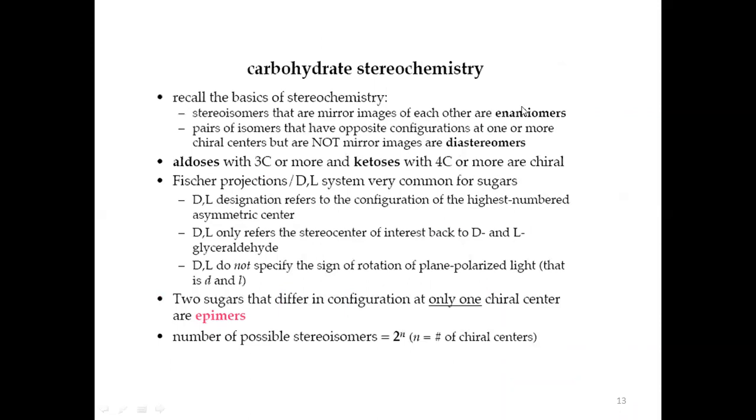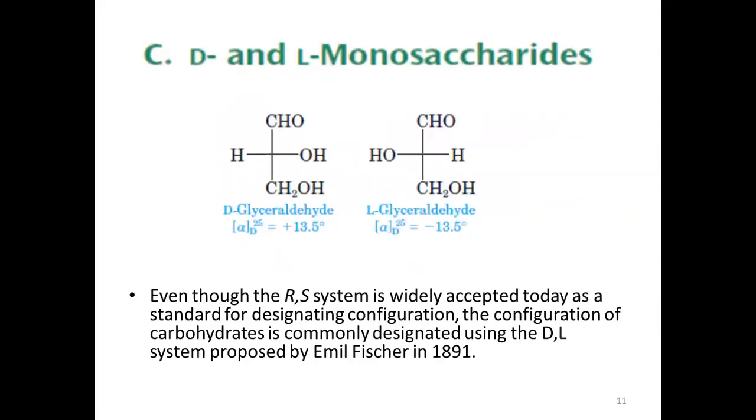So remember the difference between enantiomers and diastereomers. Diastereomers are pairs of isomers that have opposite configurations at one or more chiral centers, but they are not mirror images. There are just changes in the orientation in one of the chiral centers. The enantiomers are like this one: get the mirror image of this chiral center, and the mirror image is simply the enantiomer.